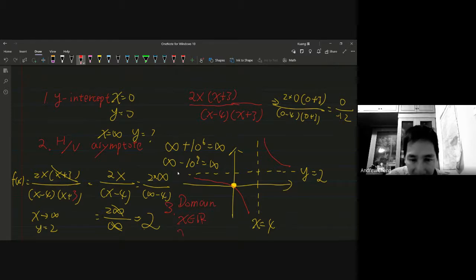However, x cannot be 4 or -3, because if x equals 4, this becomes 0. If x equals -3, this part equals 0. So x can be any real number except these two values, 4 and -3. So there should be an empty hole here at x equals -3, right?